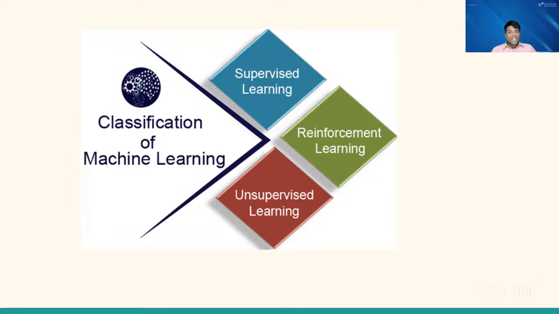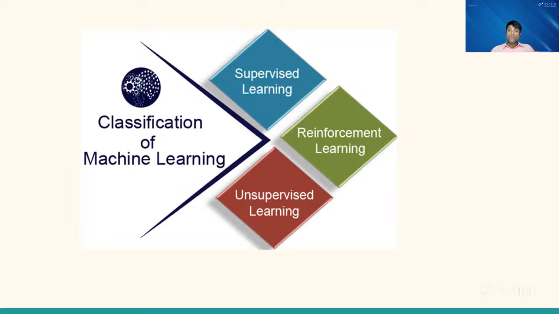Here it is types of machine learning, or you can say machine learning is broadly divided into three parts. Some people might argue that there is also something called semi-supervised. I'll come to that also, because that is actually true. So we have unsupervised, supervised, reinforcement, as well as semi-supervised learning.